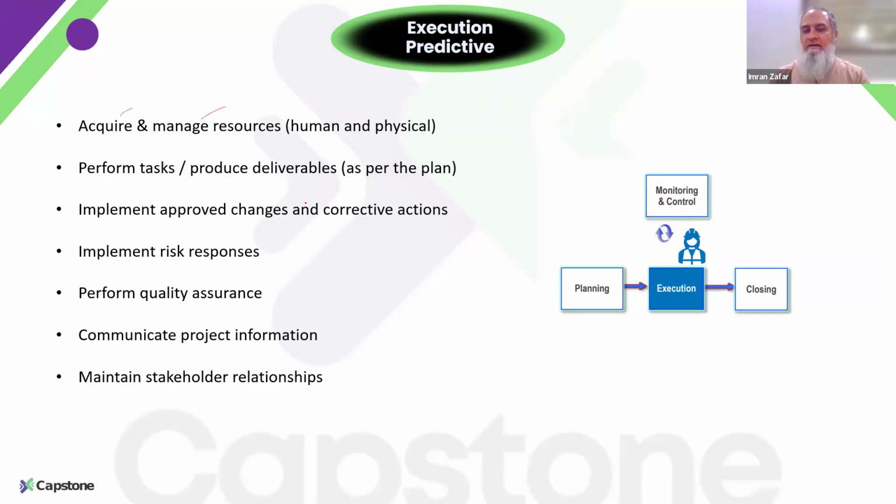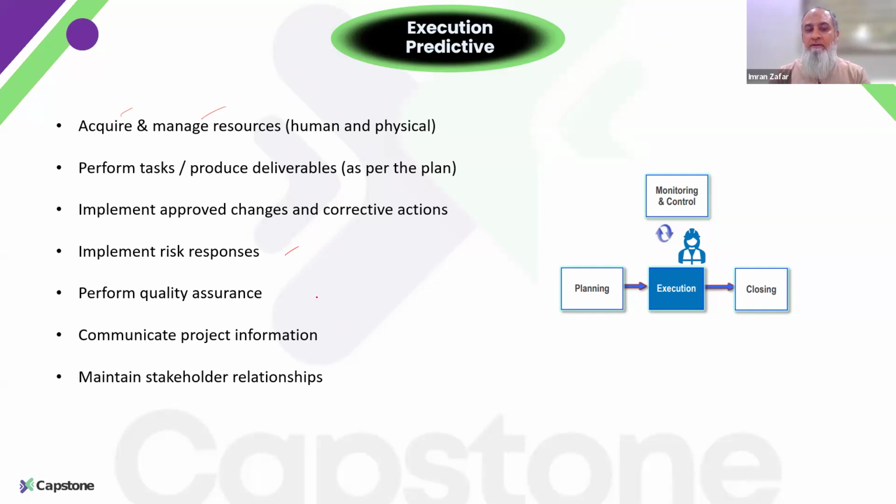Any changes, any corrective actions as and when required and approved, we implement them. We keep monitoring the risk, and as soon as any risk triggers, we implement the responses that are already planned. We do issue handling. We continuously monitor the assumptions that we have documented in our assumption log.